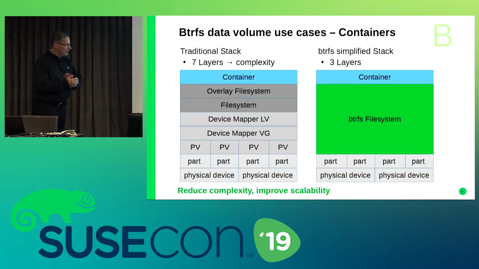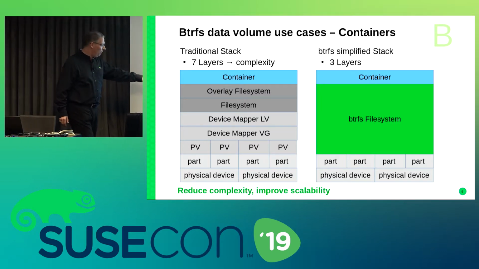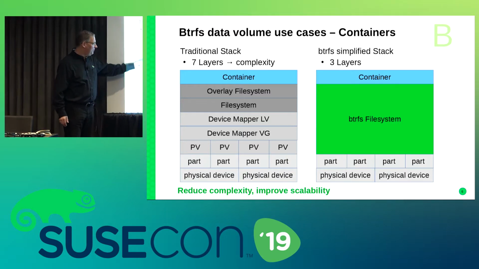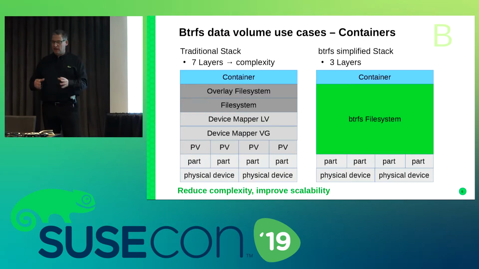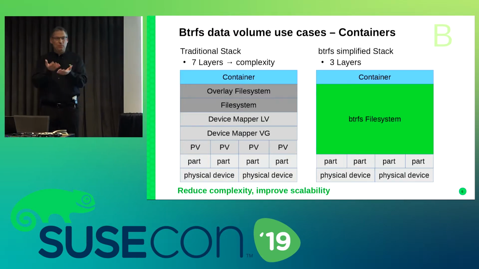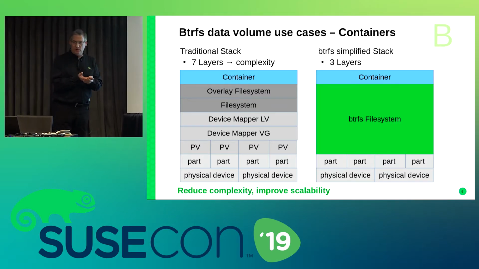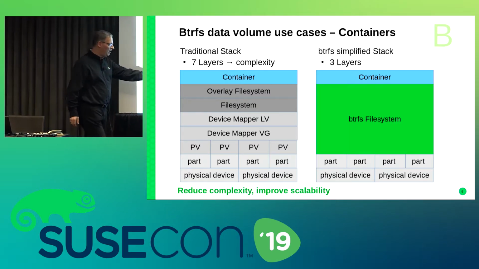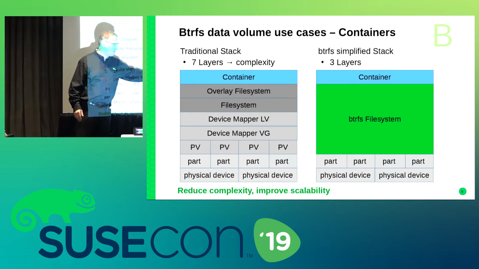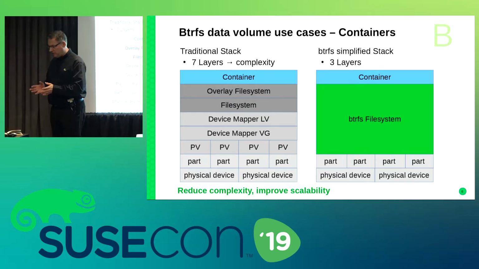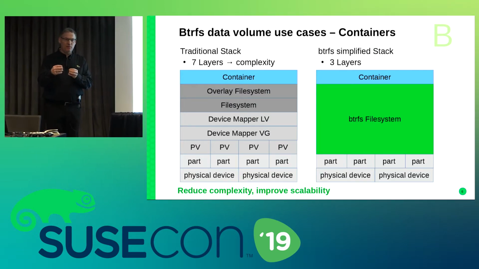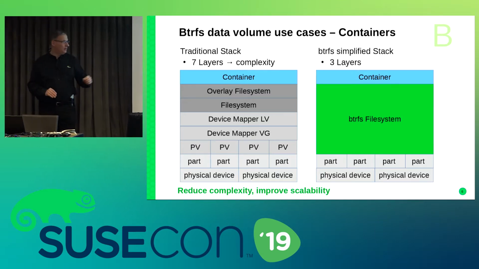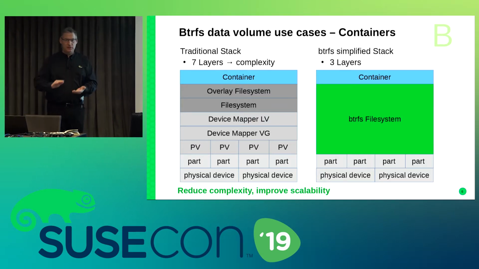In Btrfs, it's a little bit easier, because all of this, from the PV to the overlay file system, you can basically implement using subvolumes in Btrfs. So you only have the physical device and its partitions, and the rest is done in the Btrfs file system. On top of these subvolumes, you implement the single container or the single container layers.